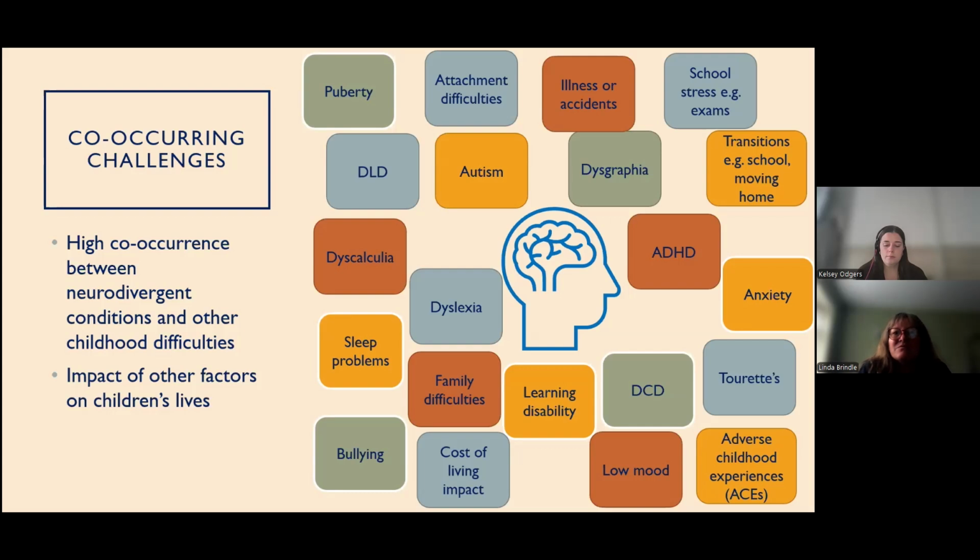What we're wanting to do by raising these co-occurring challenges is to recognise that it's important to consider the whole host of factors that may be going on when you see a child or your child struggling, and not just automatically jumping to the conclusion that it must be part of this neurodevelopmental disorder that you're waiting to hear about.